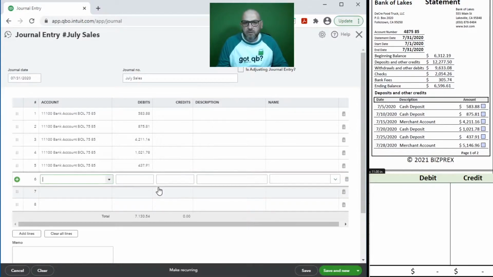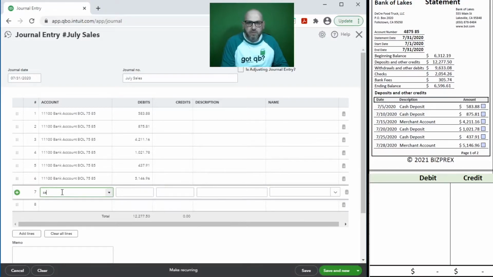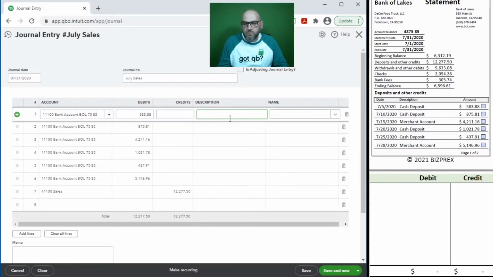So here we are, one more. All right, and 12,277.50. That's one way to double check. That's correct, and it's going to go against our sales. So here it is. That's what we will book. We can do a little bit more description. So for example, this is our cash sales.